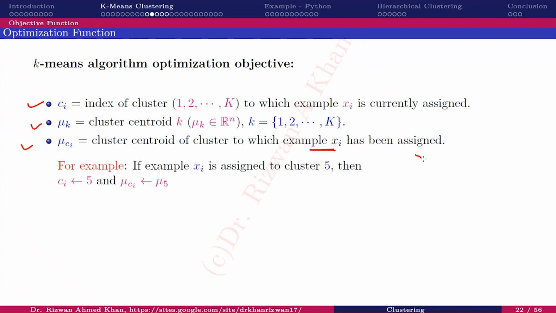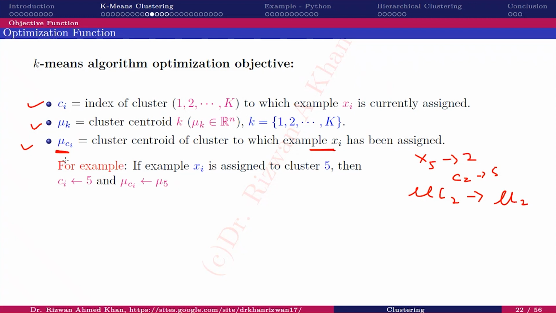Let's say we know that example 5 is assigned to cluster number 2, then C5 would be 2, and mu of C5 would be mu of 2. So this tells the cluster centroid to which the example is assigned. This is the index of the cluster, and this is the actual value of the cluster centroid.